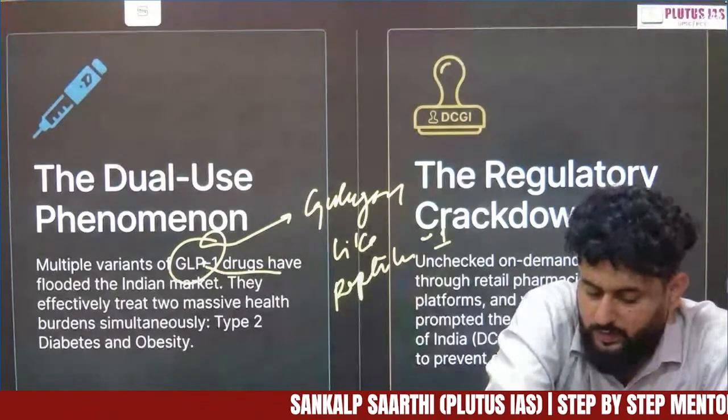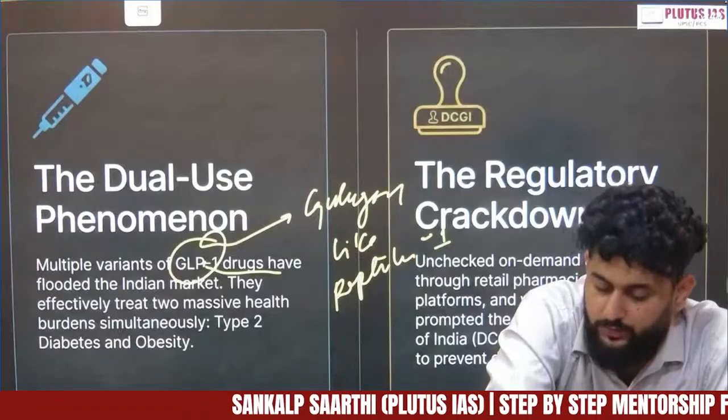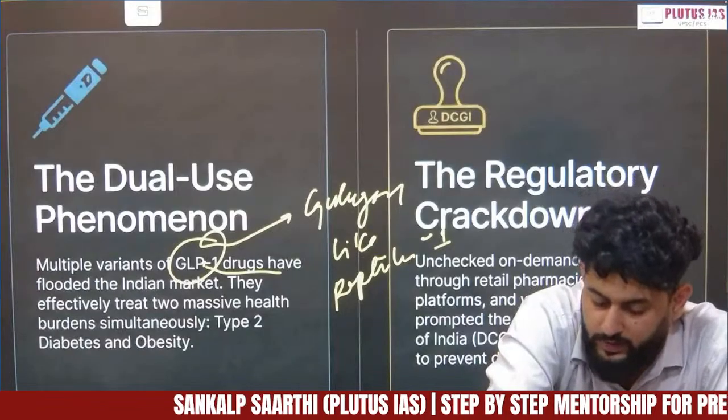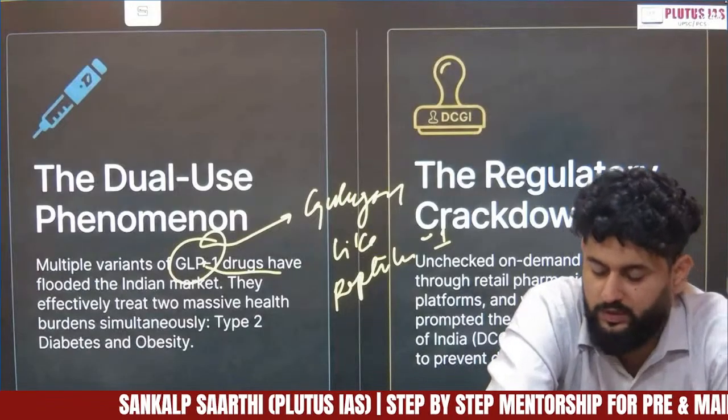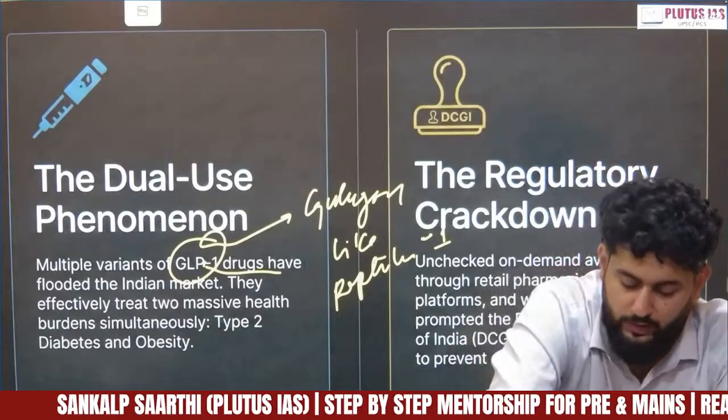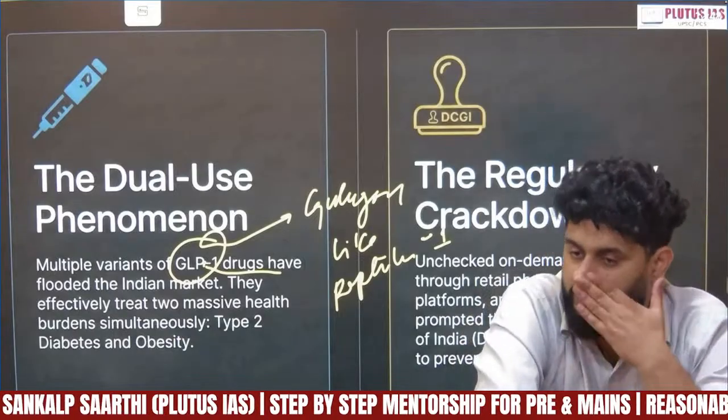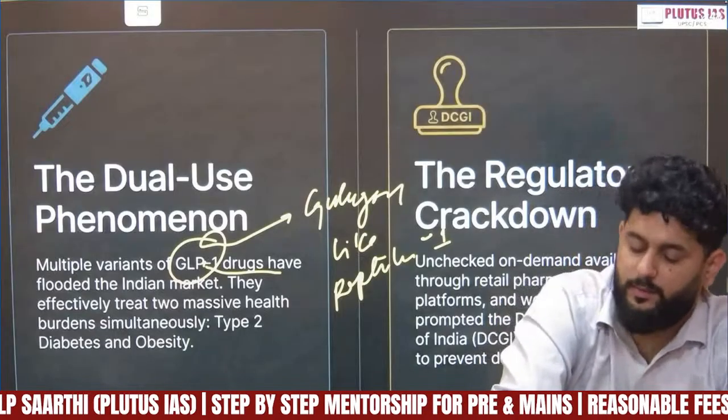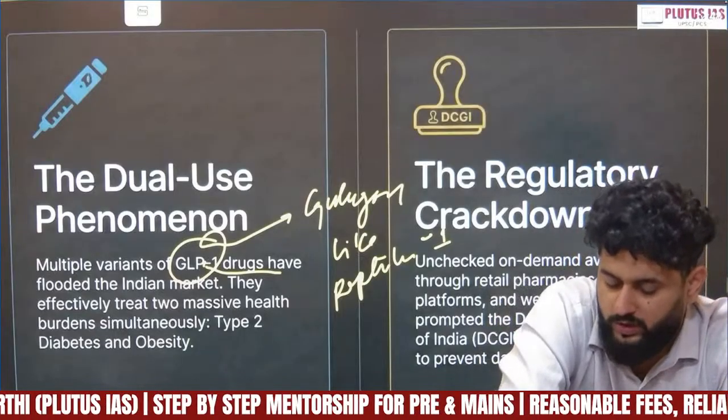This is where it becomes important to the topic. Why? Because GLP drugs are being used for cosmetic weight loss without prescription. That is why DGCI is playing an important role.